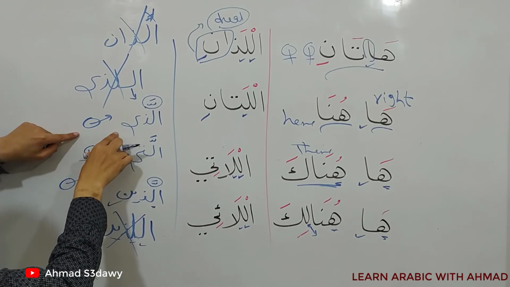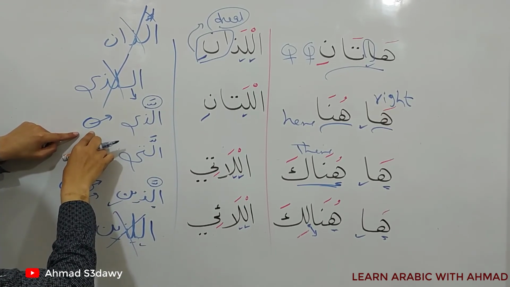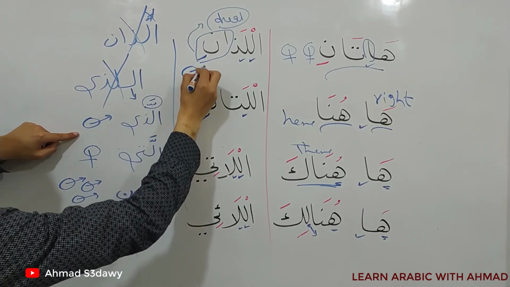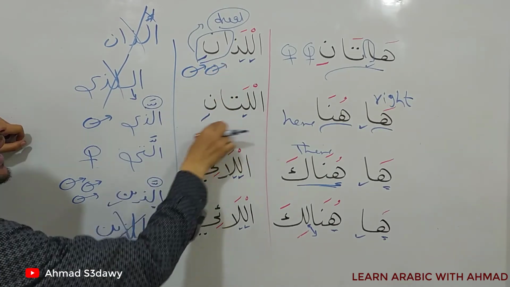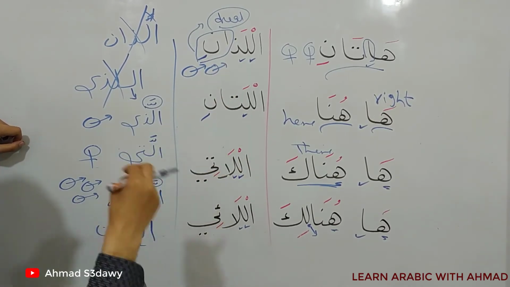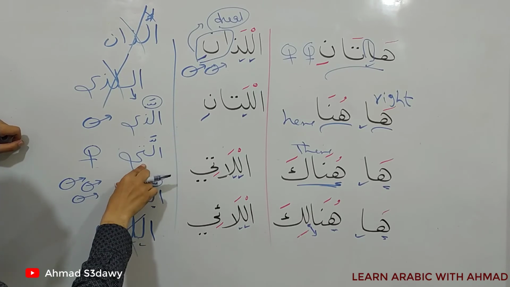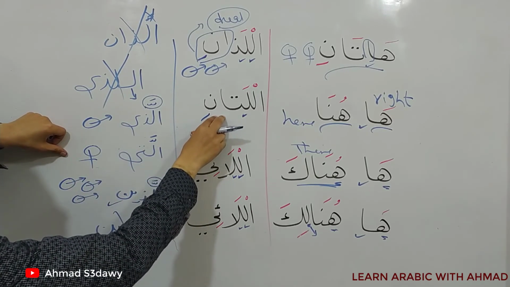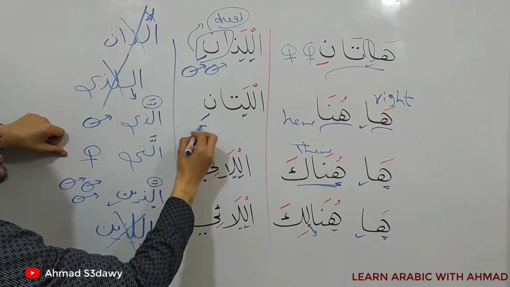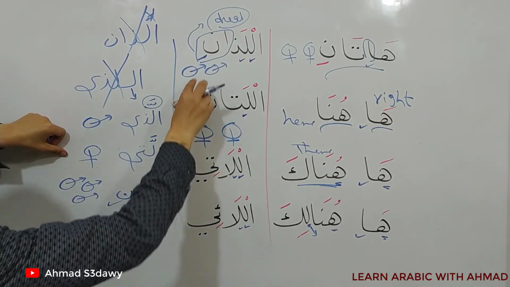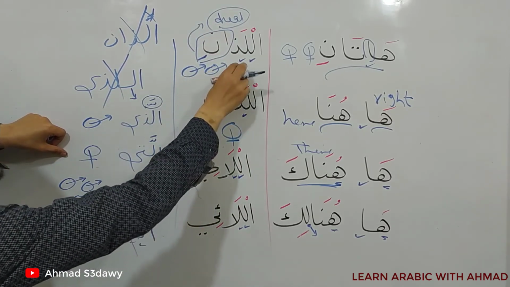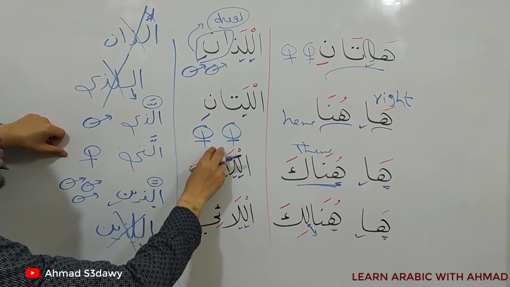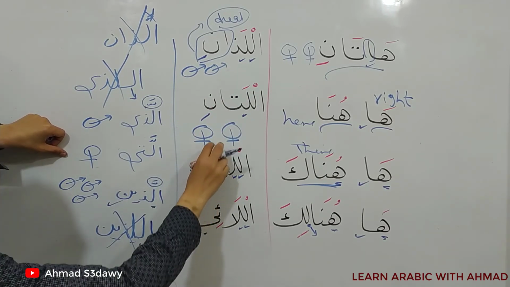It comes from al-ladhi. Al-ladhi is singular masculine, so al-ladhan is dual masculine. Al-latani comes from al-lati, which is feminine. And you say al-latani, it ends with an, so it's dual feminine. Like for example, the two boys, who, al-ladhan. The two girls, who, al-latan. Because you're talking about feminine here.